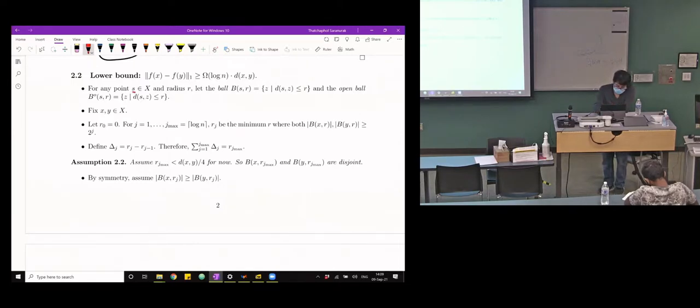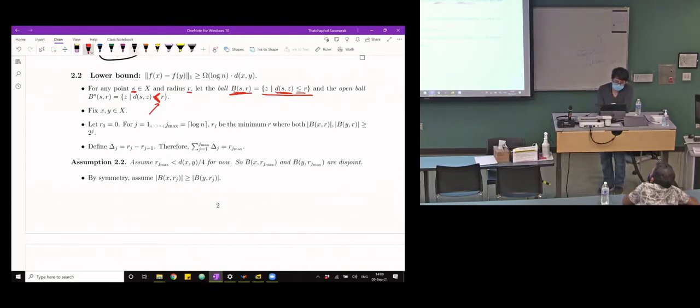Suppose you have a point S and radius R. Then the ball around S of radius R includes every point at distance from S at most R. For the open ball, you make the same definition but with strict inequality.